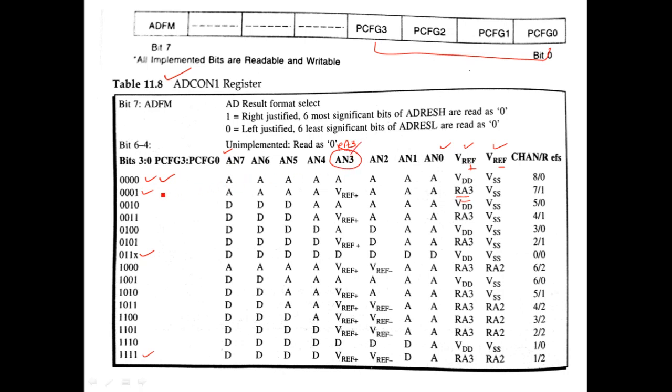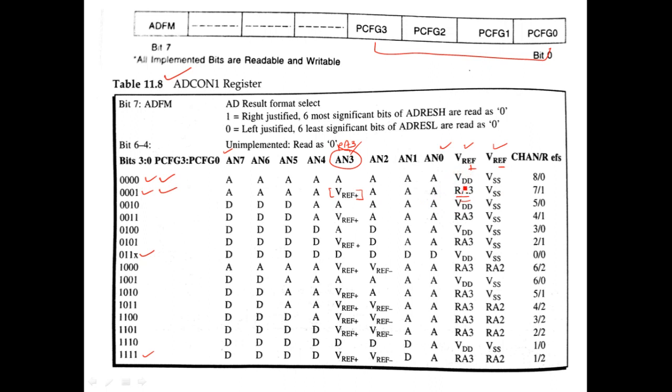So under this second option, this port pin will not carry the analog input signal; instead, you are expected to supply the V reference plus voltage at this pin. That voltage may have any value, maybe 1 volt, 2 volts, 5 volts, a positive value, and that will be used as V reference plus. It is adjustable. In the first case it was fixed, 0 volts and 5 volts, because VDD, the power supply voltage, is fixed.